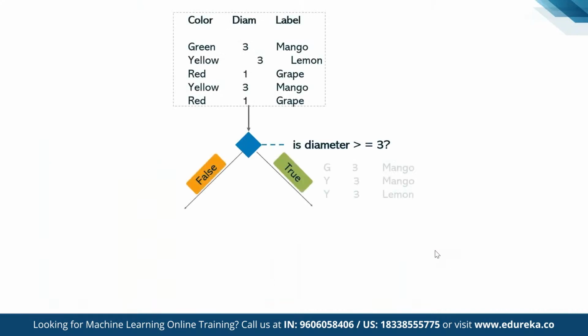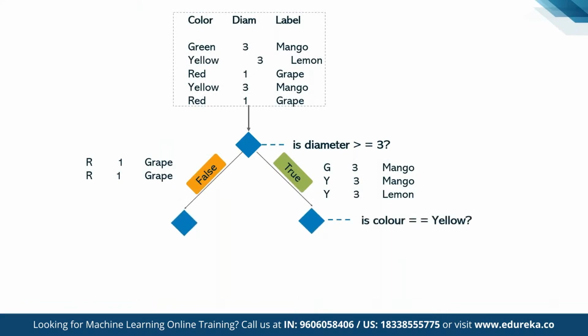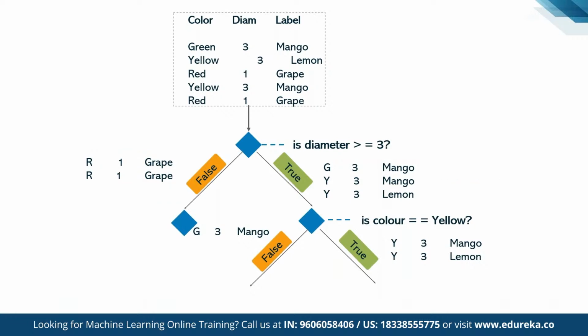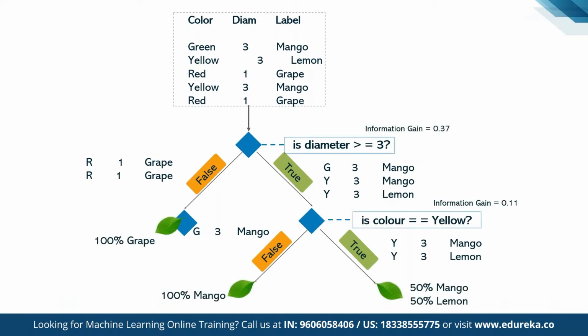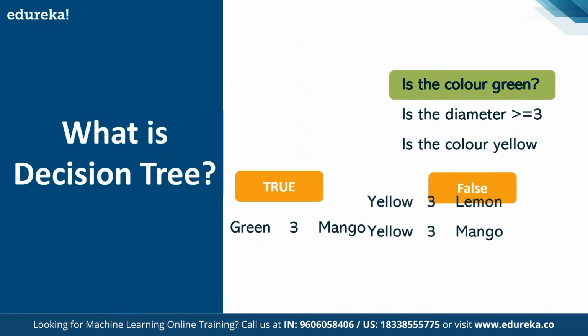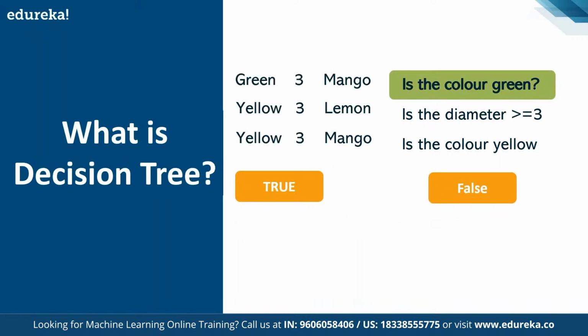Now this is what I told you in the previous slide, how it works. This all depends upon the Gini index. In the next slides, let me explain Gini index and information gain, and how it works. So imagine that I have a feature here: is the color green or not?